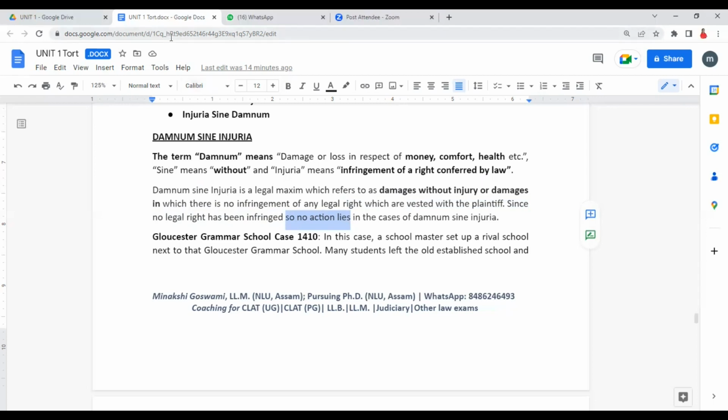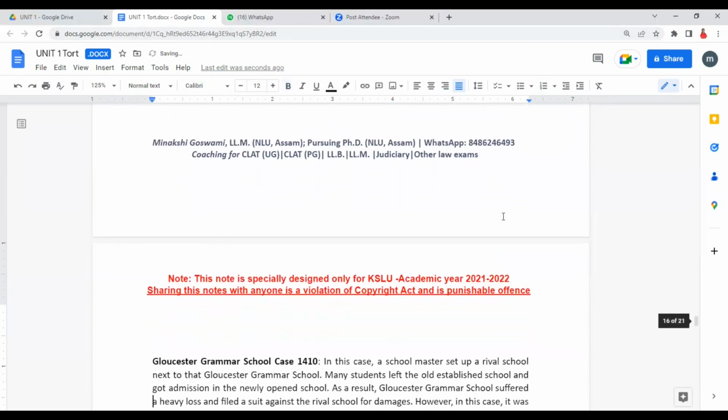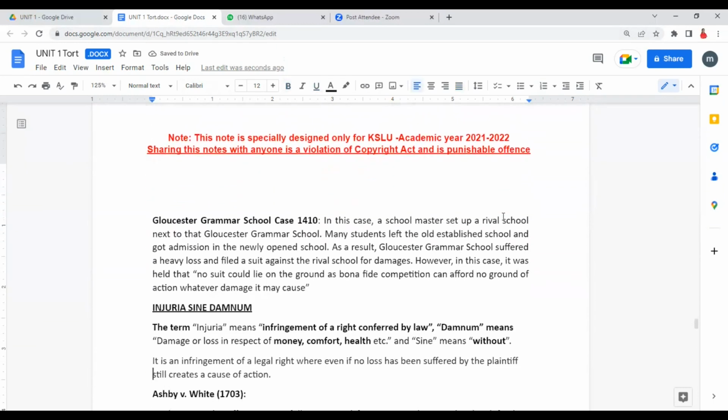All right, so it might sound a little confusing. I will tell you about one case which will make it very clear. It is the Gloucester Grammar School case. Now what happened in this case is that there was a school in a certain area called Gloucester Grammar School. This was the only school in that area, so a lot of students were going to the school and studying there.